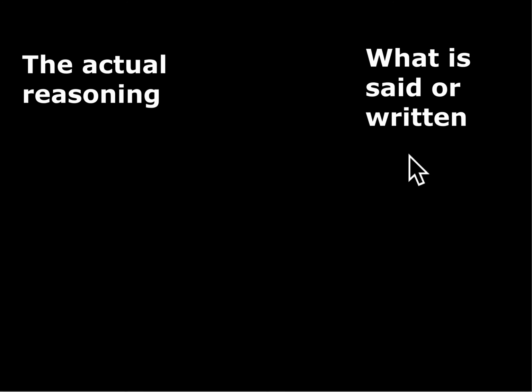What we always start off with in this class, and in general usually, is what is said or written. In fact, in the class, everything will be written on the quizzes and on the PowerPoint slides. We'll have some English language that's written out, and that's what we're starting with. But what we're really interested in is the actual reasoning that someone is using.